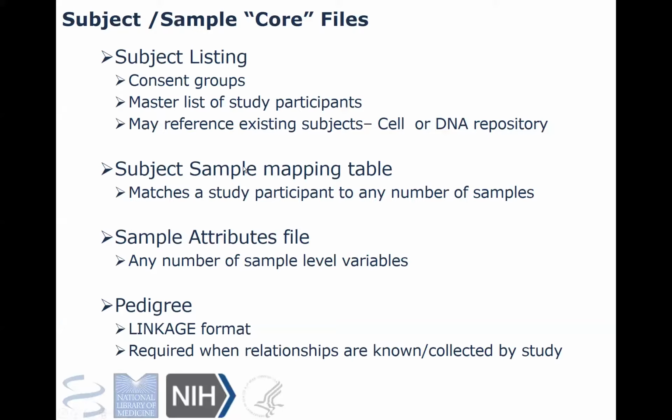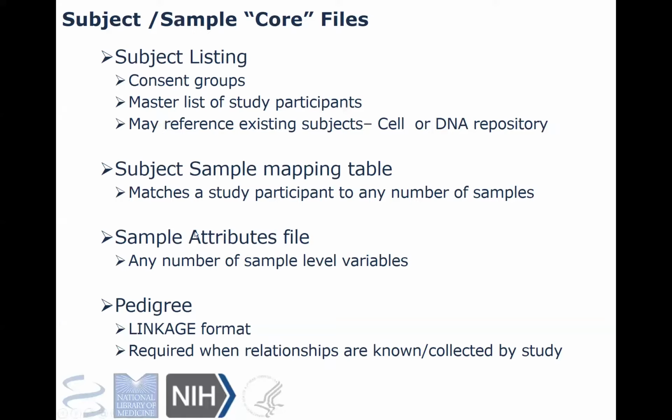Well, there's other examples where there may be controls within the study that are sampled multiple times, or longitudinal data where you collect samples over multiple visits. And so this table is important. This actually links the phenotypes back to the molecular data.